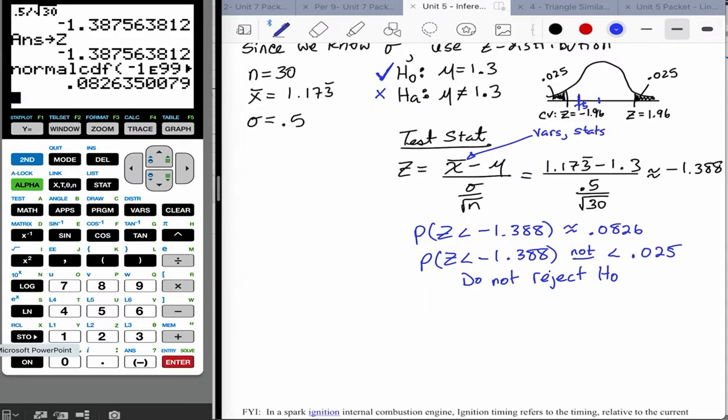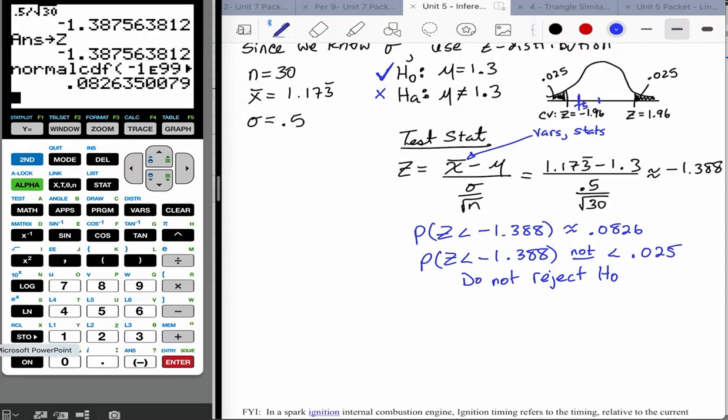If your alpha value is sufficiently small, like 0.01, 0.05, 0.10, and the p-value that you come up with is even smaller than that, then what we're saying is that the probability of you mistakenly rejecting the null hypothesis would be minuscule, very tiny.